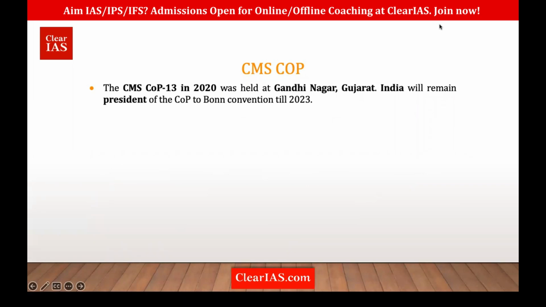Remember, whenever somebody holds a COP, they assume the presidency during the next 3 years. Since Gandhinagar hosted the 2020 COP, India will be the president up to the next COP.